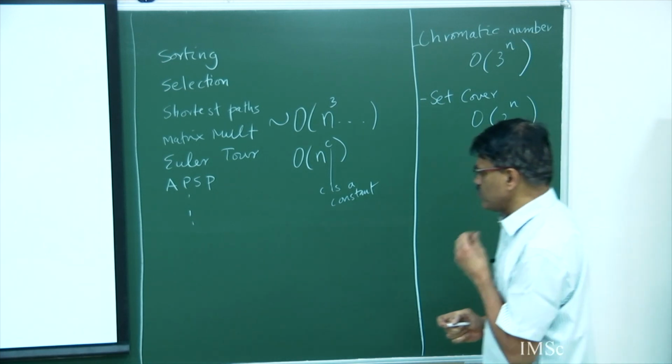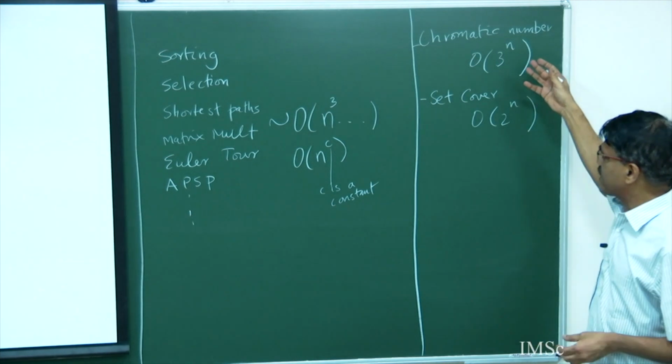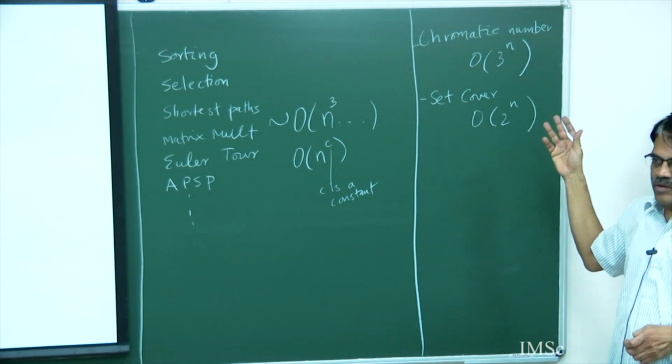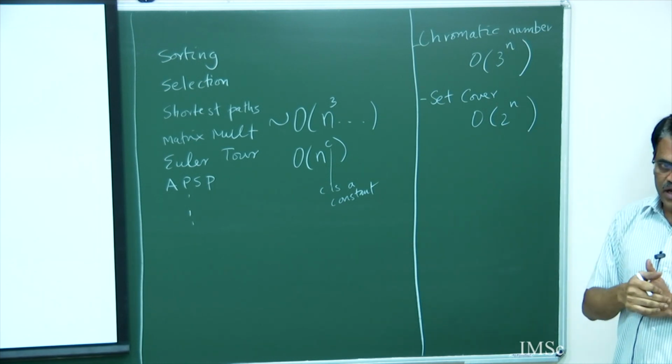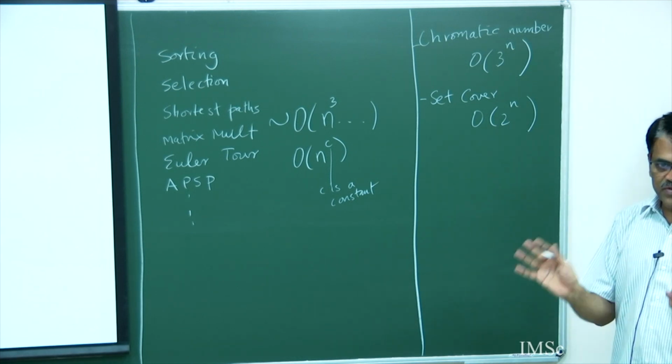So one question is, are they really hard problems, or is it just our inability to come up with faster algorithms? That's the question we want to address, and that's the question the theory of NP completeness in some sense addresses.